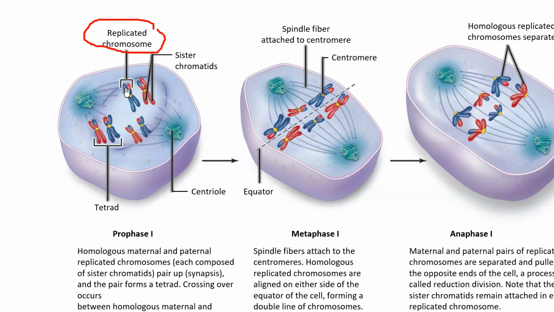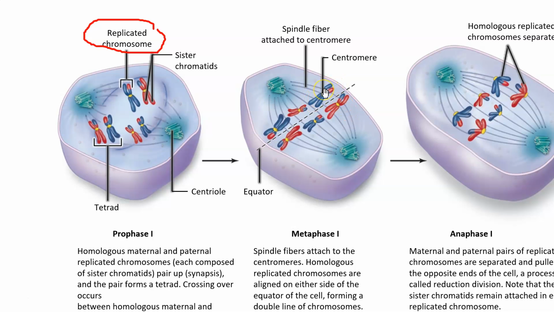So now, in metaphase 1, these replicated chromosomes are going to line up. And you see this middle line, this equator. You get a pair of chromosomes on one side and a pair of chromosomes on the other. So we'll say this is chromosome number 1. Well, I've got 4 chromosome number 1s.